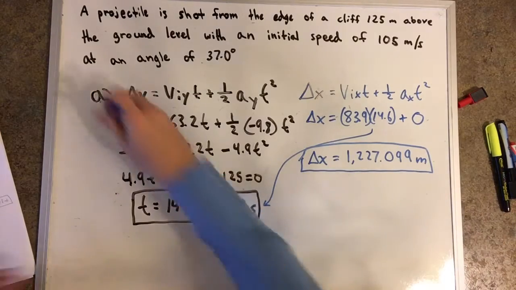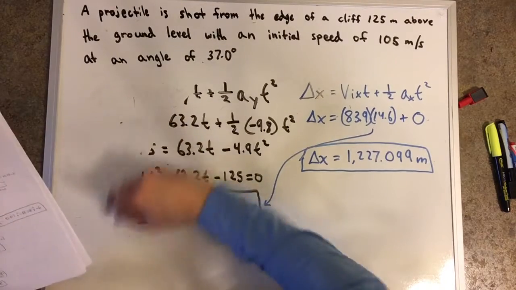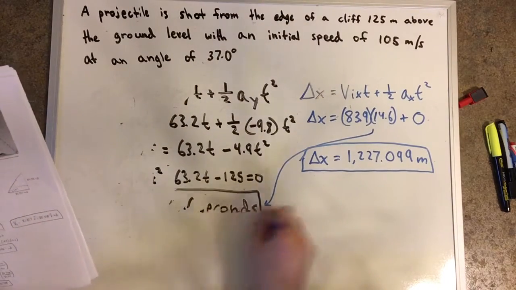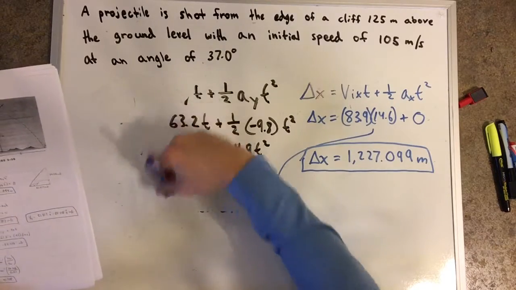Moving on to C. To remind you, C is to find the horizontal and vertical components of its velocity.